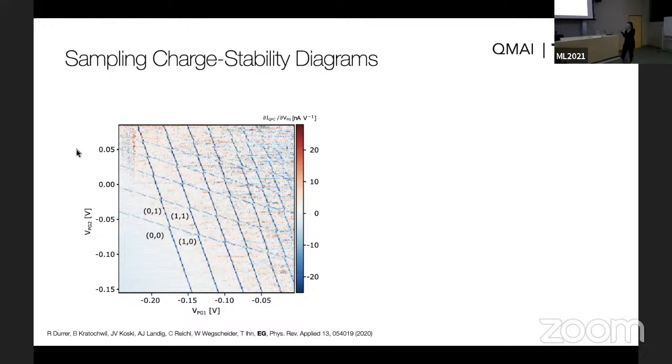So, if you would have this super finely measured charge stability diagram when everything worked out perfectly, and the other voltages that you don't see in this plot are adjusted correctly, you can just go point by point, these are the so-called Coulomb diamonds, and just pick your charge state and be done with it.